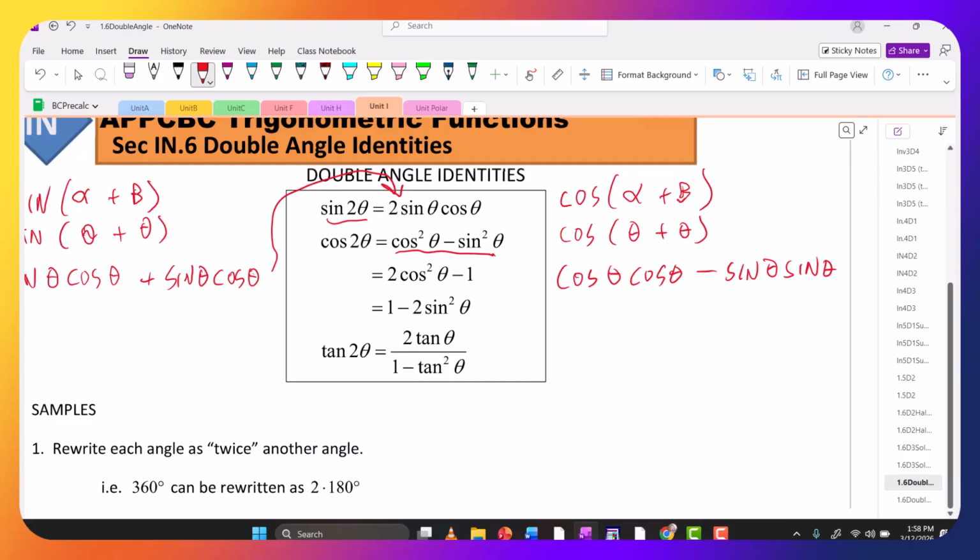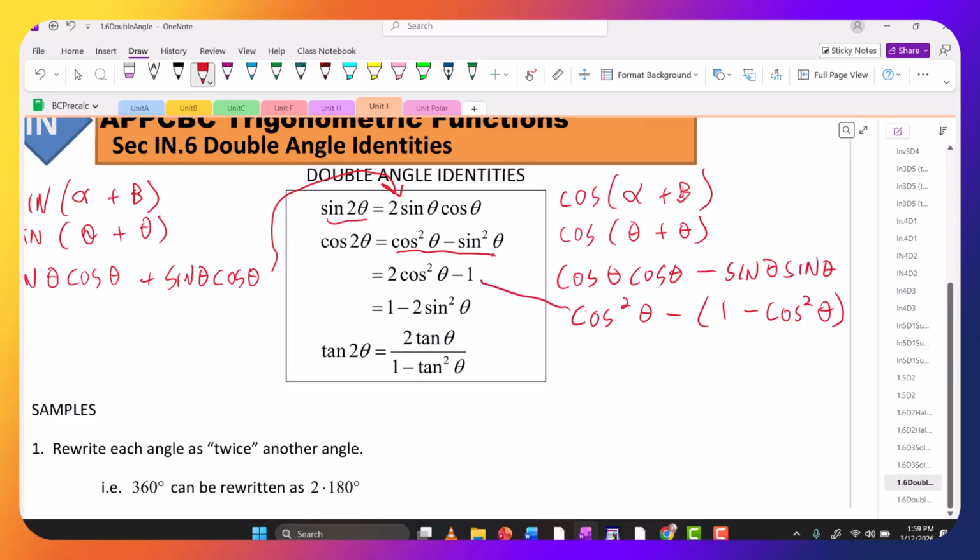Why on earth do we have two other formulas for cosine 2 theta? Does anyone have any ideas? Starts with a P, Pythagorean theorem. So I could take this cosine squared minus sine squared. I could take that sine squared and plug in 1 minus cosine squared in its place.